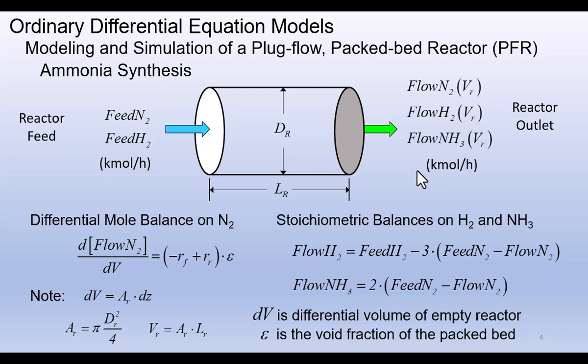conversion. So we create balances based on our molar flows, and the primary example here is the change in the flow of nitrogen with respect to volume, given by minus the consumption plus the reverse reaction, and then times the void fraction of the packed bed, all right? And that's the epsilon factor.